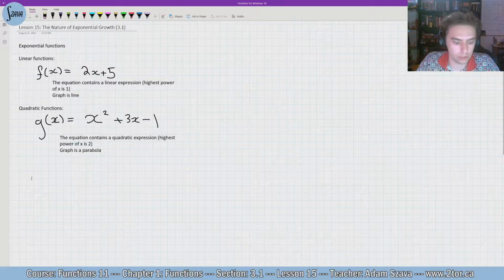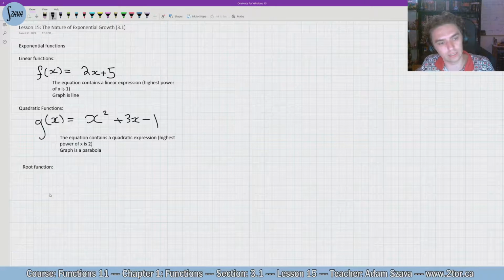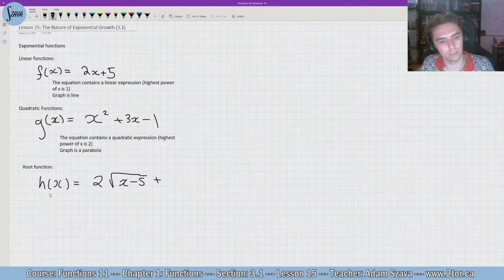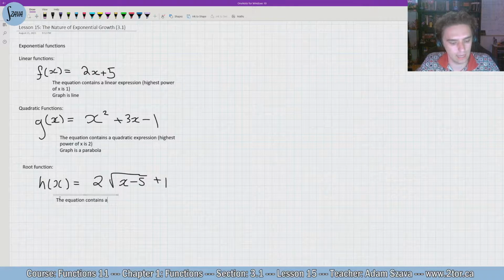Now, I've also mentioned to you the root function. That's an example I use a lot because I think it's a good example. That's any function that has a square root in it, like maybe h of x equals 2 square root of x minus 5, plus 1. So the equation contains a radical.